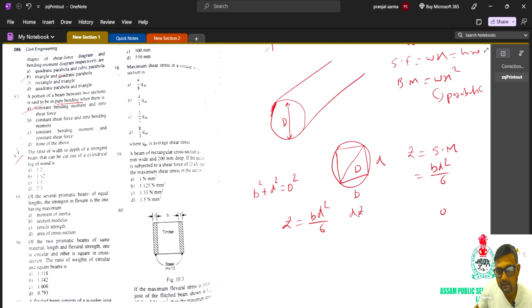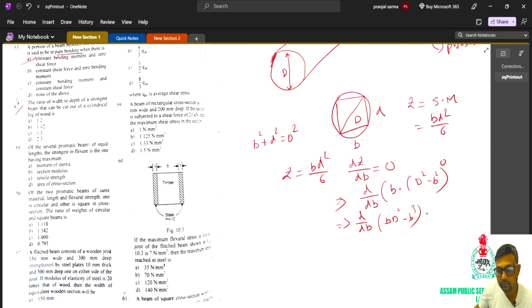So differentiating with respect to b, dZ by db equals 0. Now d square is D square minus b square, so b D square minus b cube is equal to 0.